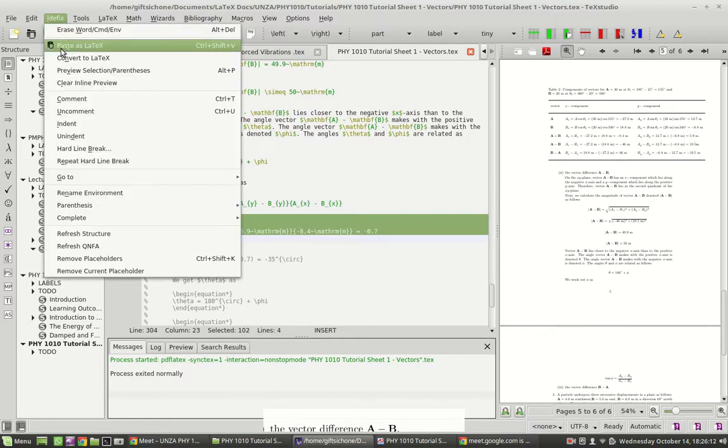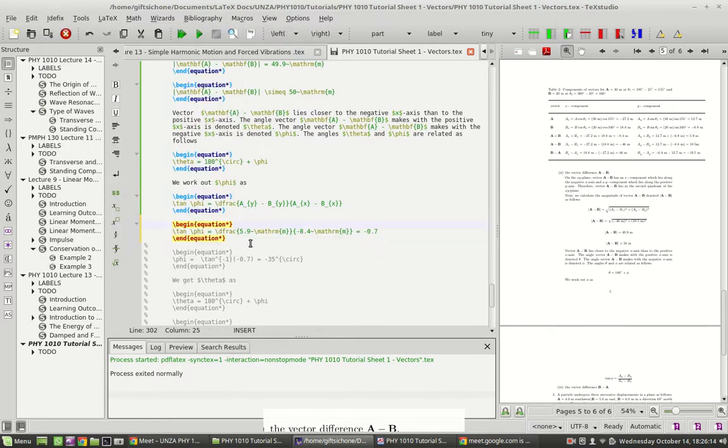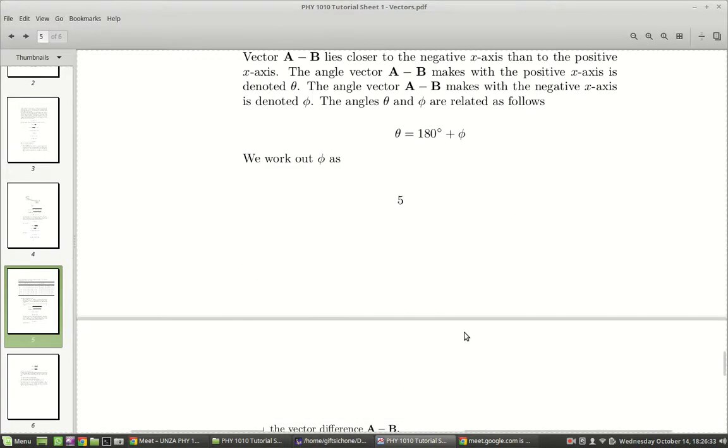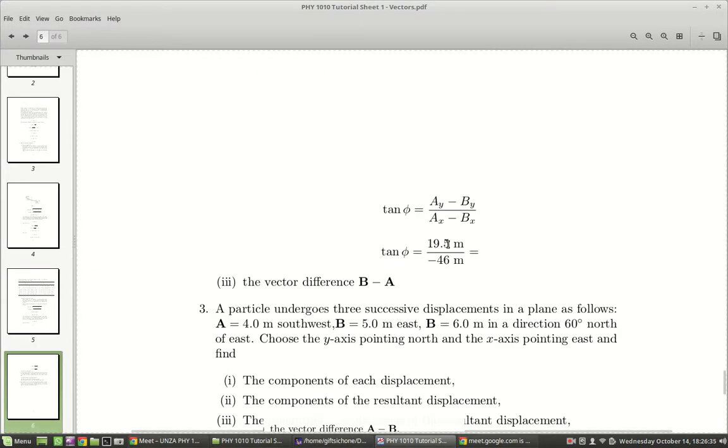So on top we have 19.5 meters, at the bottom we have minus 46. There. 19.5 meters divided by minus 46 meters.